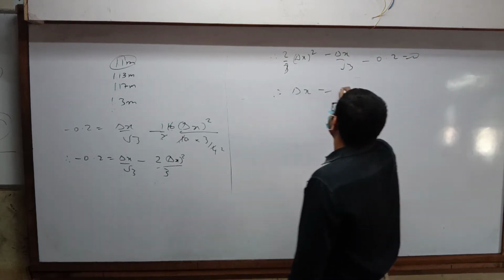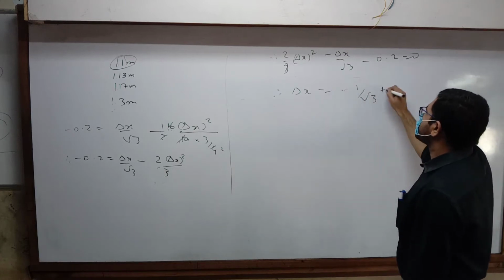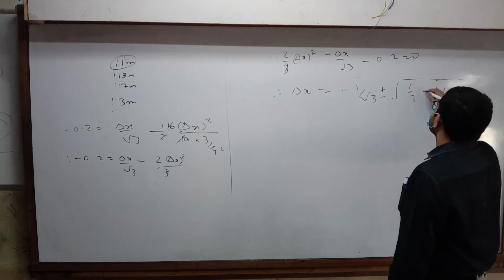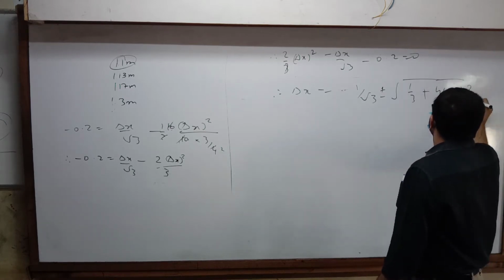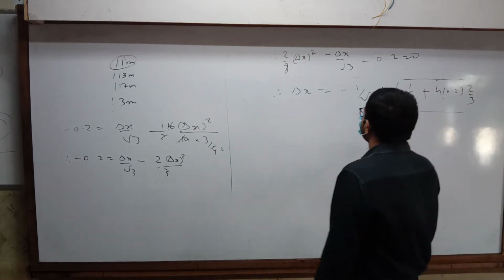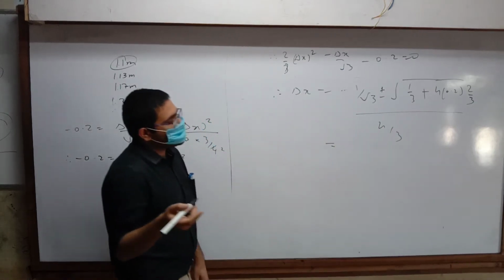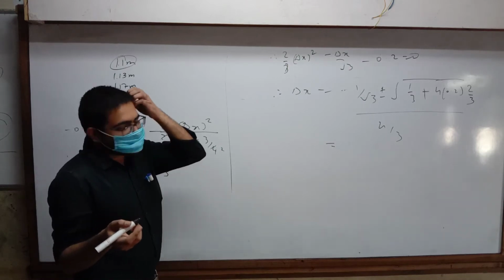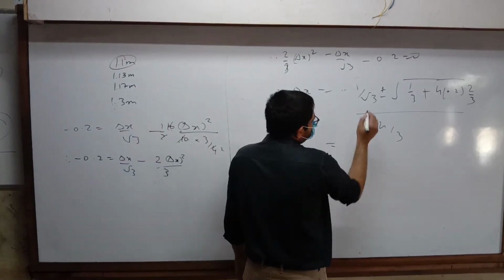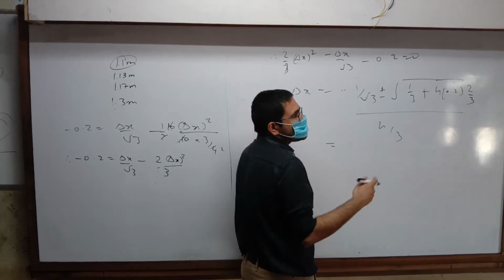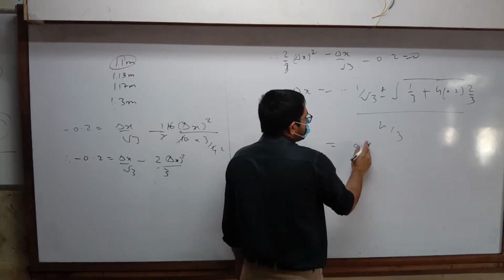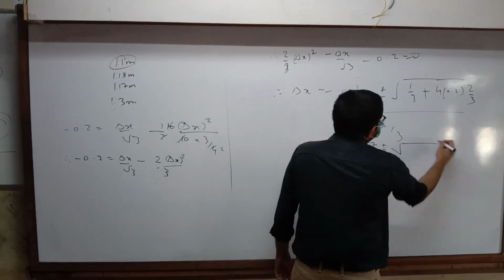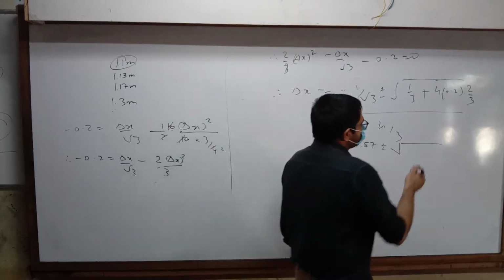Therefore delta x is equal to minus b plus or minus the square root of b squared minus 4ac, over 2a. You can use a calculator: 1 by root 3, and so on.